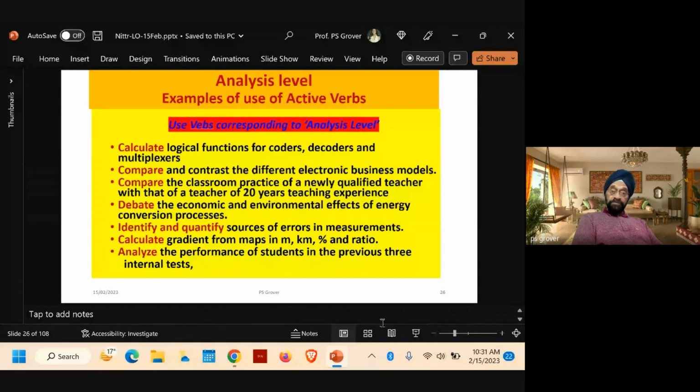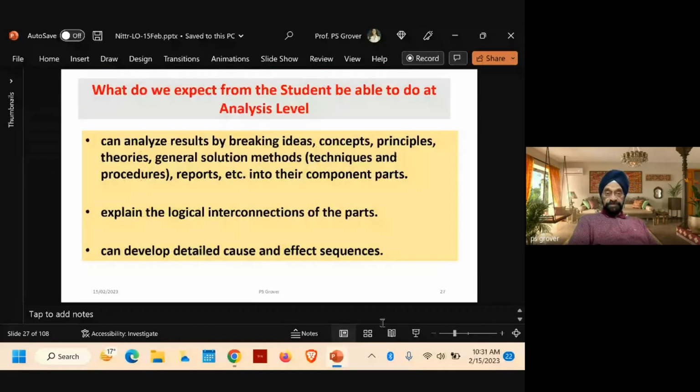So when I'm doing the analysis part, I should look at the verbs from the analysis level and design my statement, that is, the learning outcome, accordingly. So when I compare the classroom practice of a newly qualified teacher with that of a teacher with 20 years of teaching experience, when he compares, it brings in his brain that he is required to remember and recall various things.